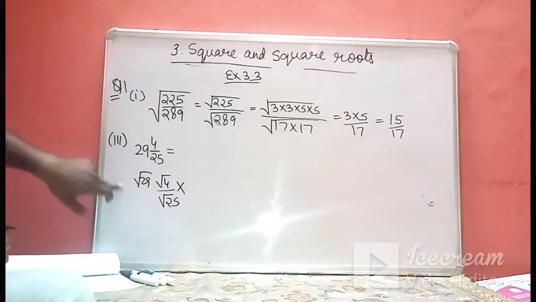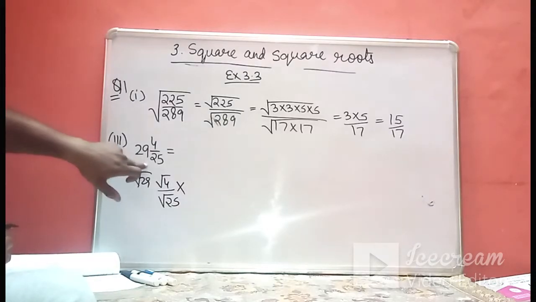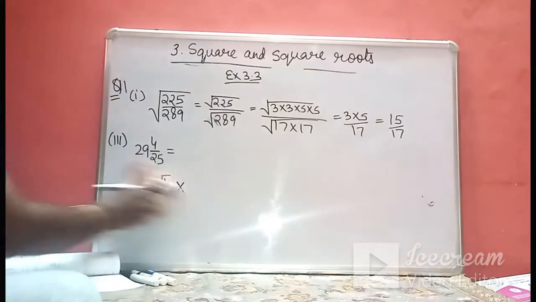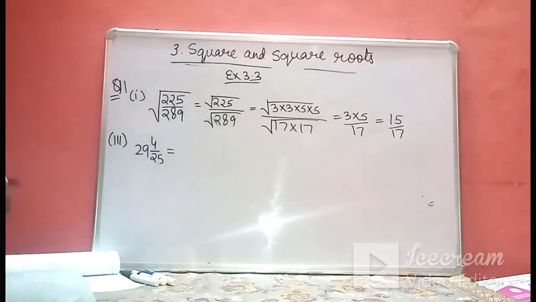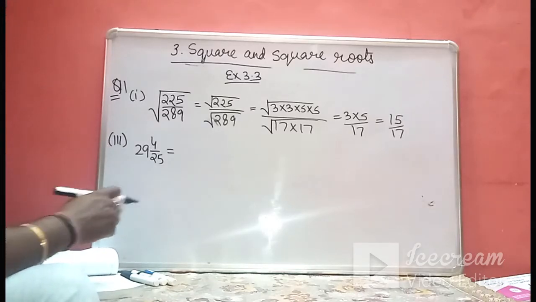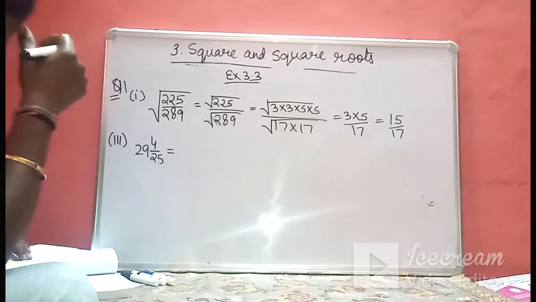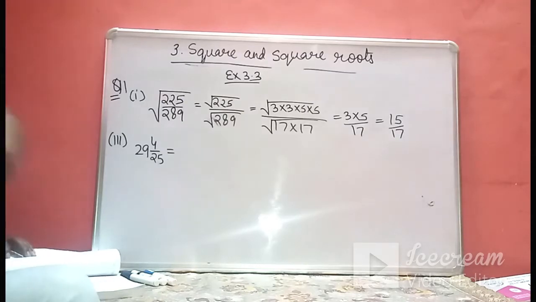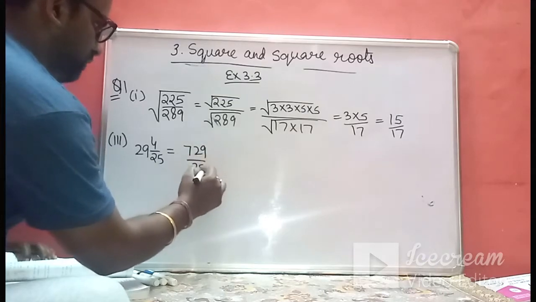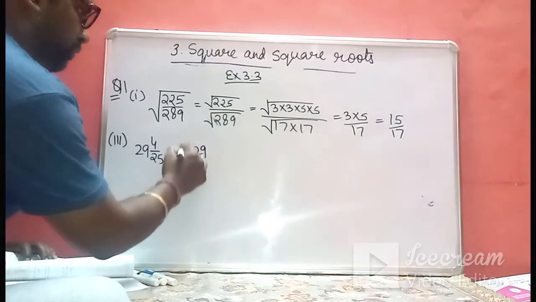This step is absolutely wrong. We have to convert this fraction into an improper fraction. I hope you all know how to convert it. So it is 729 upon 25. Then we will put the square root sign on this.